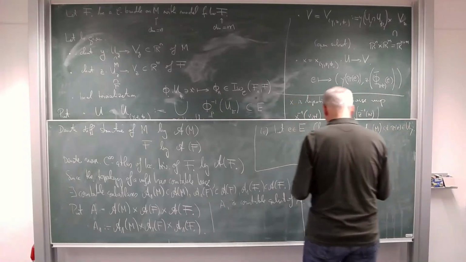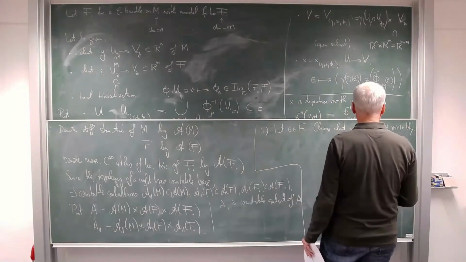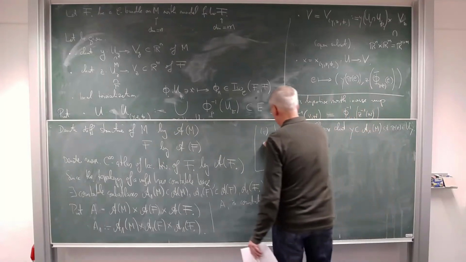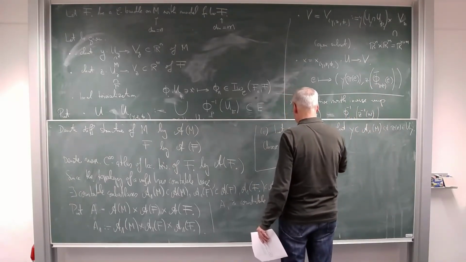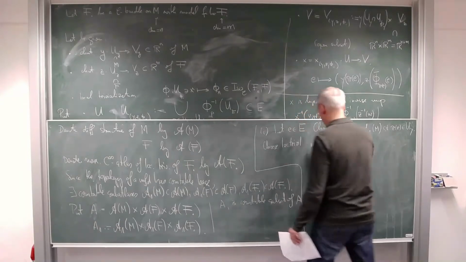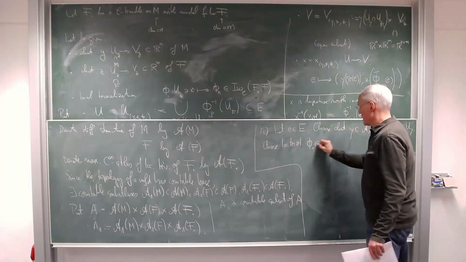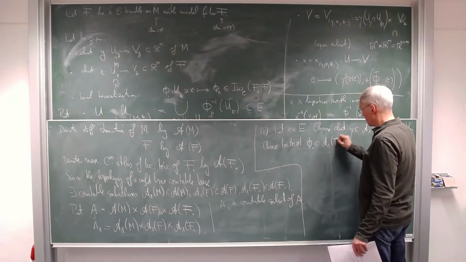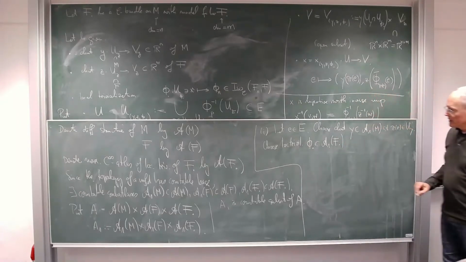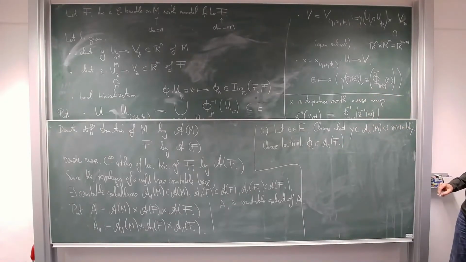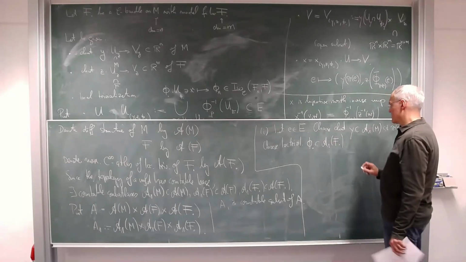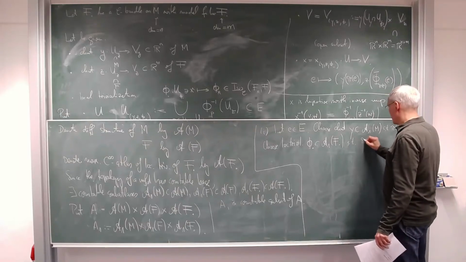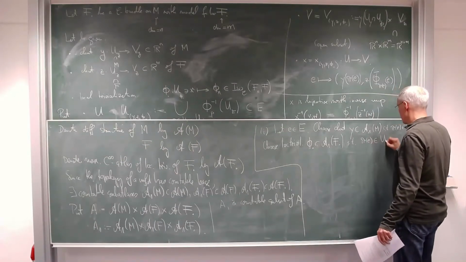Next, we can also choose a local trivialization phi in A1 of the bundle, which is defined on this point, because the domains of these local trivializations also cover the manifold M. A trivialization such that pi of E is contained in its domain.